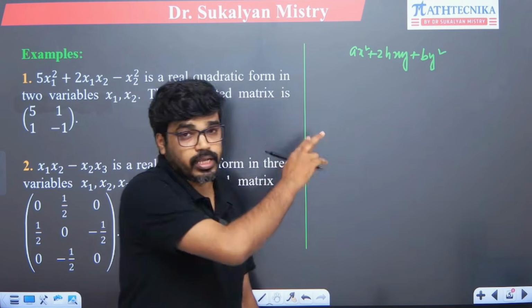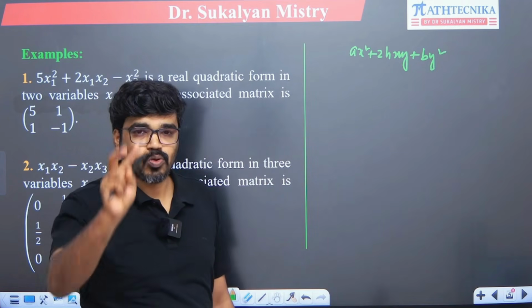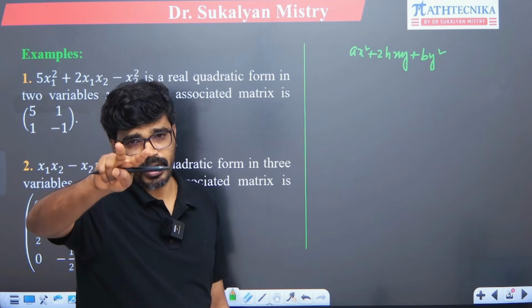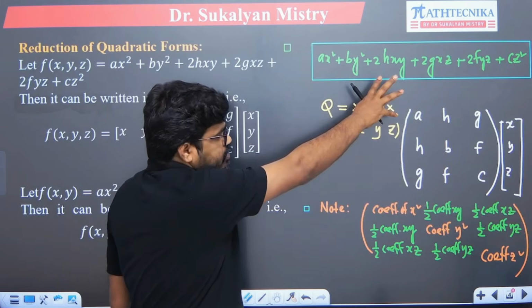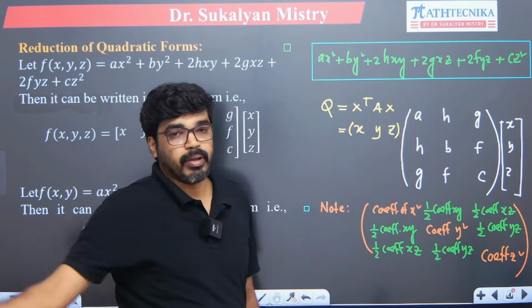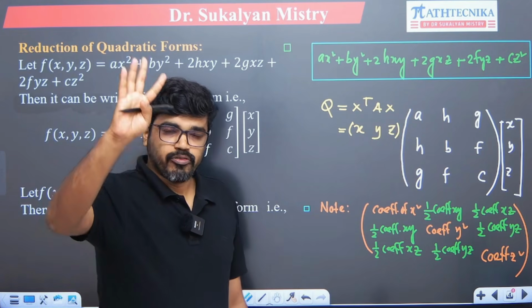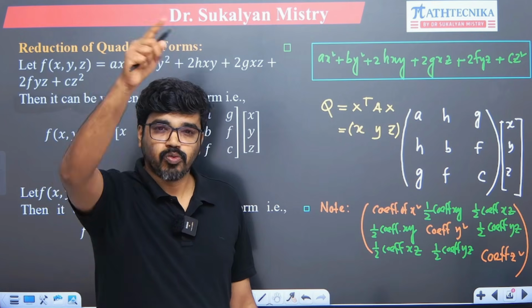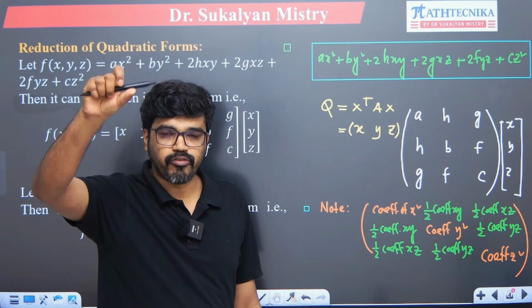Okay, see here, the number of variables is 2, so we get a 2 cross 2 matrix. If there are 3 variables, we get a 3 cross 3 symmetric matrix. Okay, if we consider n variables, we get a symmetric matrix of order n.